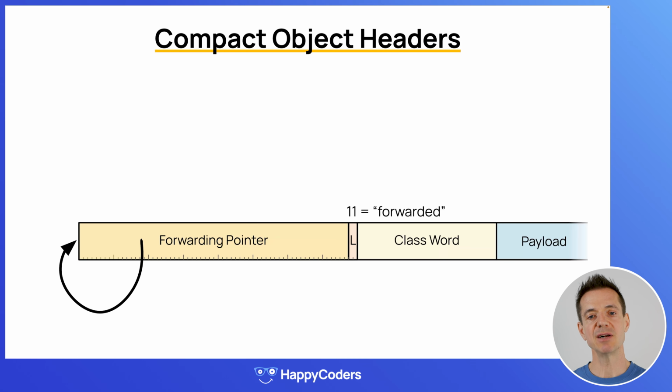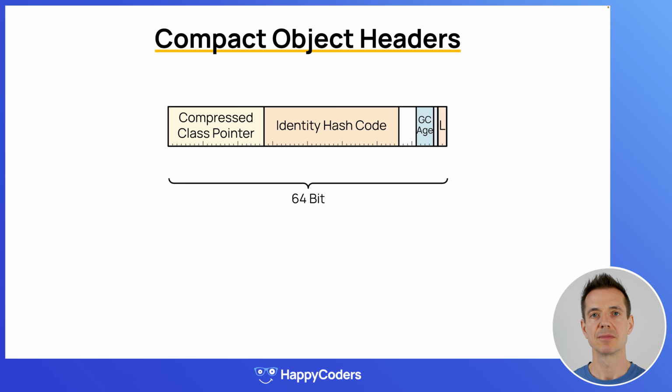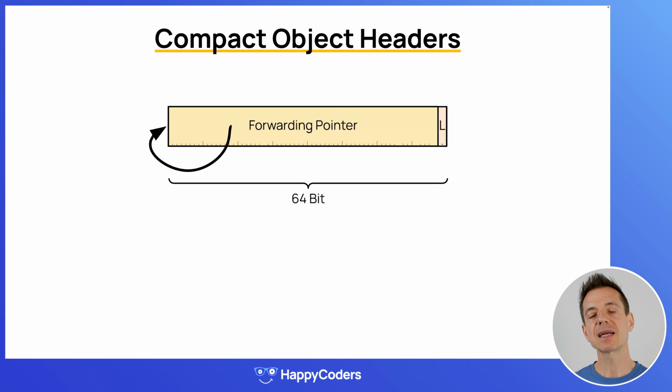This is called self-forwarding, and that's how the garbage collector marks that it has checked the object but hasn't moved it. With the compact 64-bit header, however, the important class pointer would be lost. And without the class data, the garbage collector doesn't know how large the object is. So an alternative to the self-forwarding pointer had to be found.